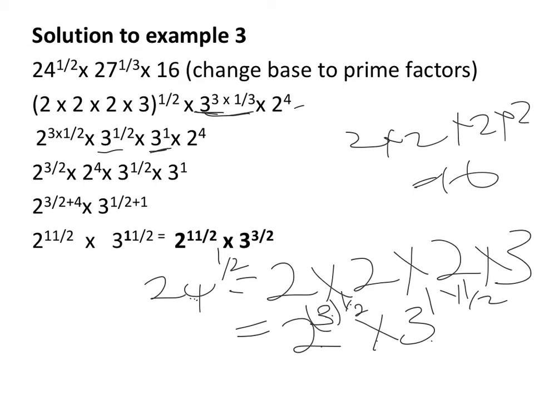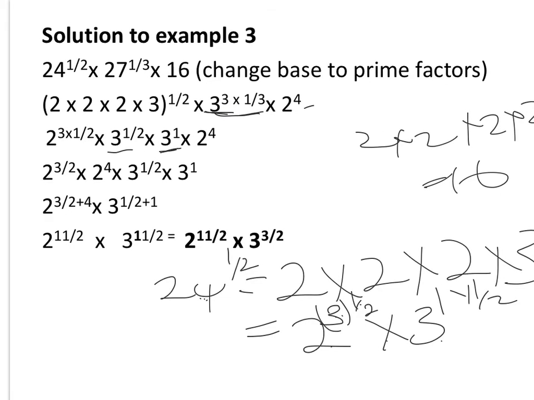So we have 2 raised to power 3 over 2 plus 4 times 3 raised to power 1 over 2 plus 1, which is equal to 2 raised to power 11 over 2 times 3 raised to power 3 over 2. This is 3 over 2. 1 over 2 plus 1 is equal to 3 over 2. So we have 2 raised to power 11 over 2 times 3 raised to power 3 over 2. So this is your final answer.